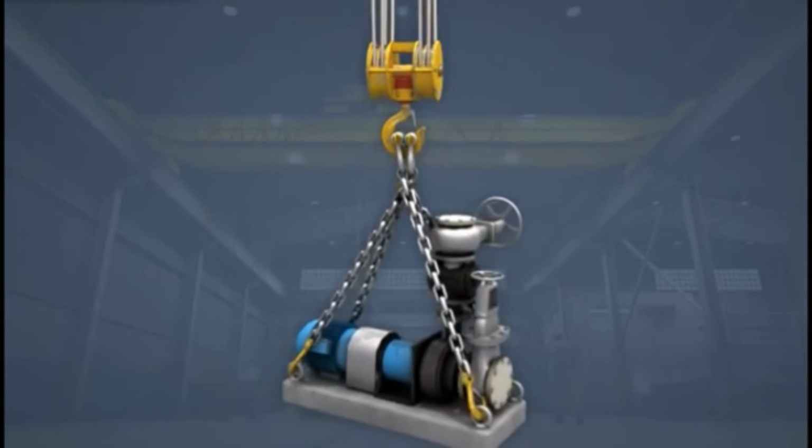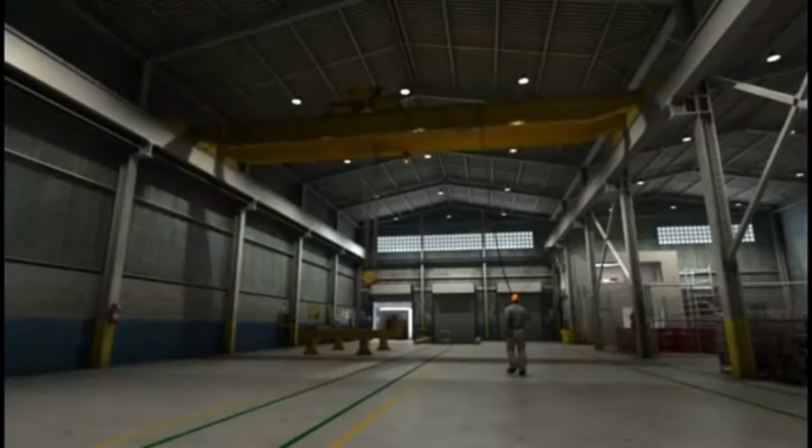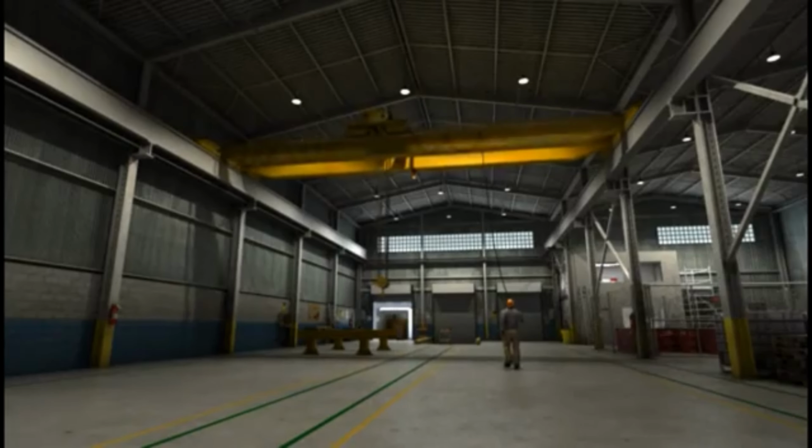Every crane lift has unique considerations. Paying attention to the factors discussed in this training will increase your chances of having a smooth and safe lift.